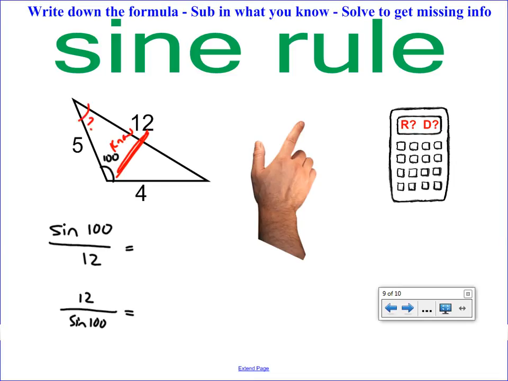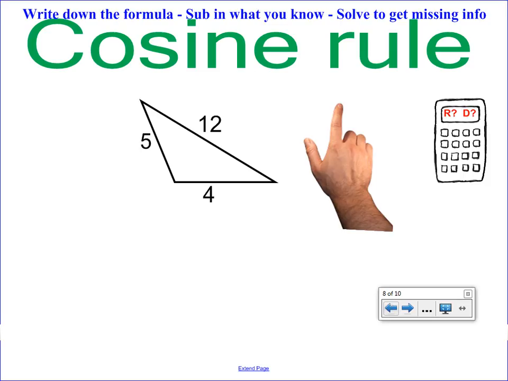So we know one opposite pair, and we're interested in the other opposite pair, and that's the one that goes on the other side of the equation. Sine, don't know, over 4. Or 4 over sine, don't know. Just as long as you keep them consistent. Lengths on the top or angles on the top, doesn't matter which way. So if you know an opposite pair and you're interested in an opposite pair, then fine, sine rule, but you must know that opposite pair. If not, last resort, cosine rule, which was this formula.